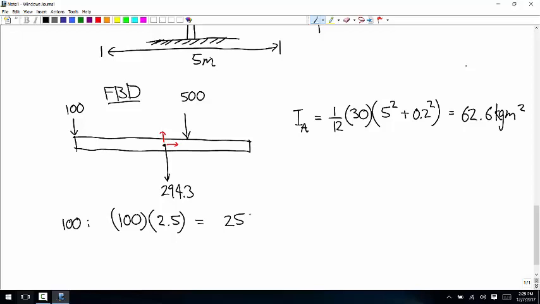So you get 250 Newton meters, and we have to think about the direction. Would that 100 Newton force make it rotate clockwise or counterclockwise around the axis? Counter, yep. And then the weight. That's acting right at the axis. So we have 294.3 times 0. So that's not going to make it rotate.